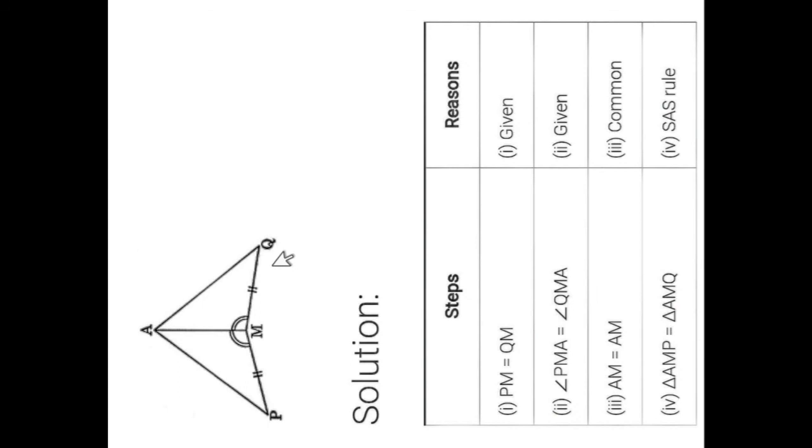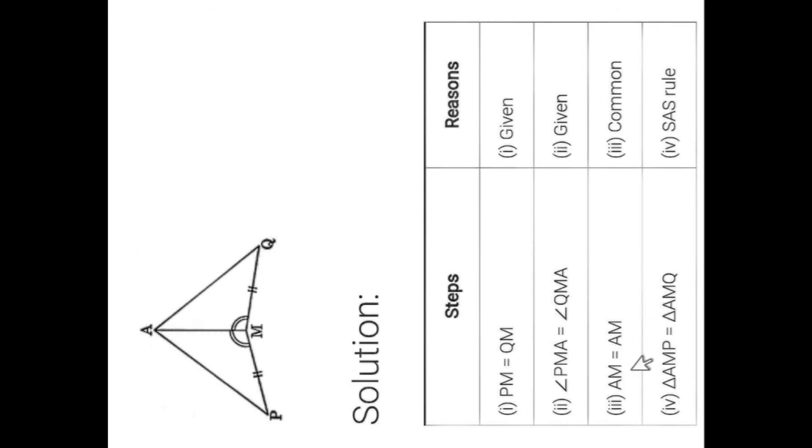Number 3, you have to show that triangle AMP is congruent to triangle AMQ. Now here, steps and reasons, you have to show the reasons. Steps are given. PM equal to QM, that is given. Angle PMA equal to angle QMA, that is also given.